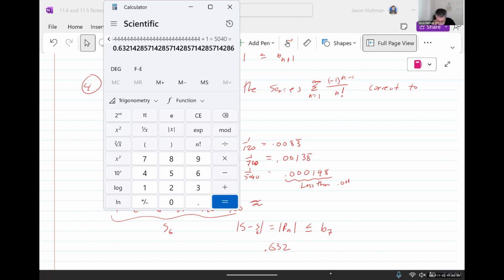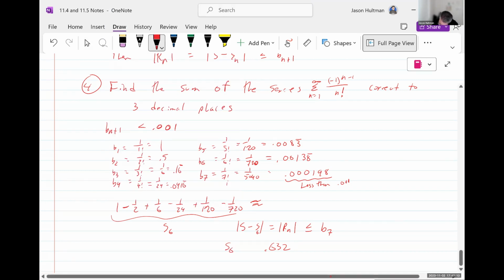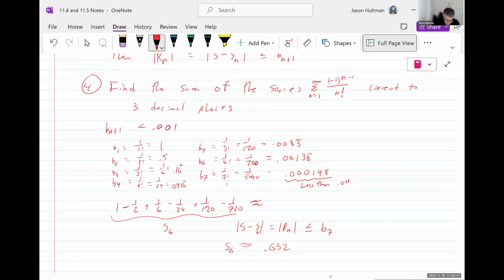And if I were to continue to add terms, I would have locked in the first 3 decimals. Okay, so S sub 6 is approximately 0.632.